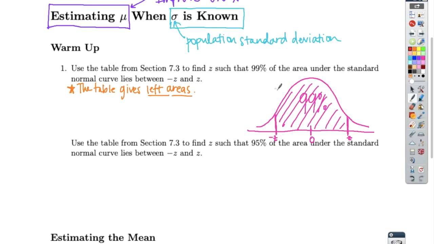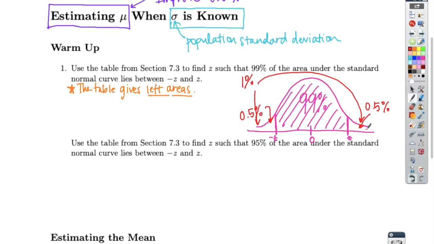Okay, the first way to do it is to say, well, if 99% of the curve is in this middle section, then that must leave 1%, 1% on the outside here and here. So 1% would sort of comprise these two tails. Now it has to be split evenly. So 1% and 1% really means that there's 0.5% on this left tail and there's another 0.5% on this right tail.